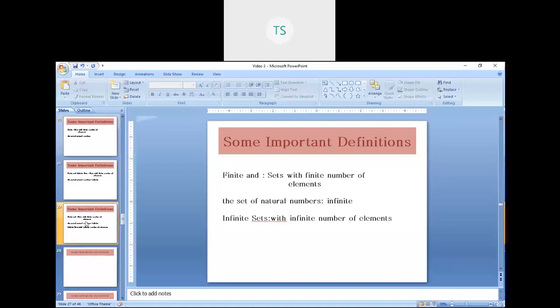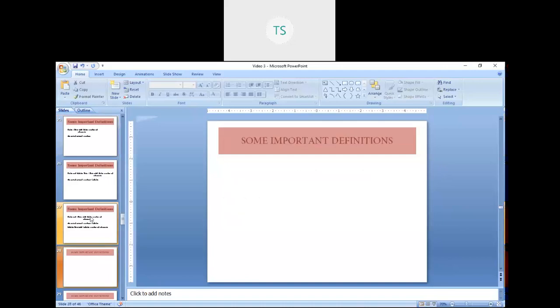Now, the next definition is equal sets. For equal sets, always remember we need at least two sets. Then only we can define equal sets. Let's see.